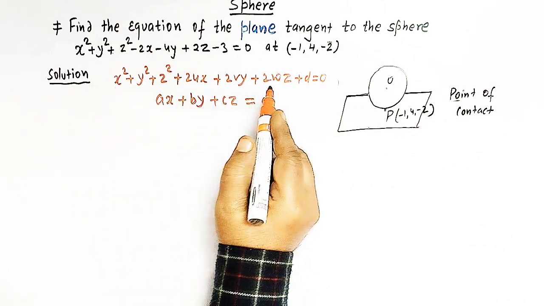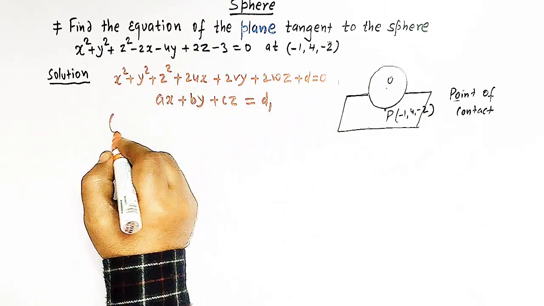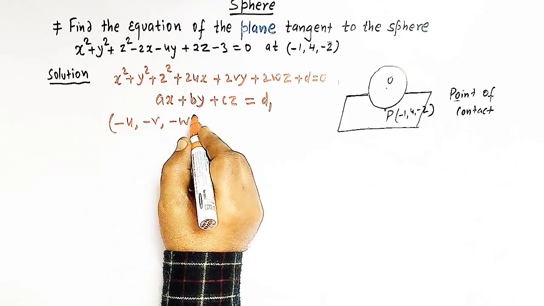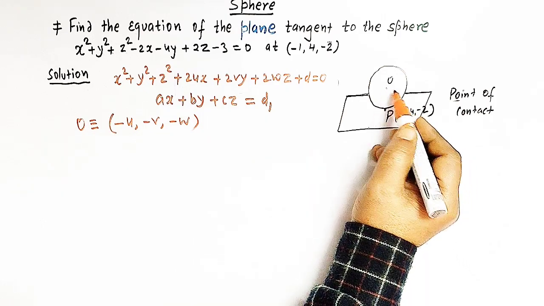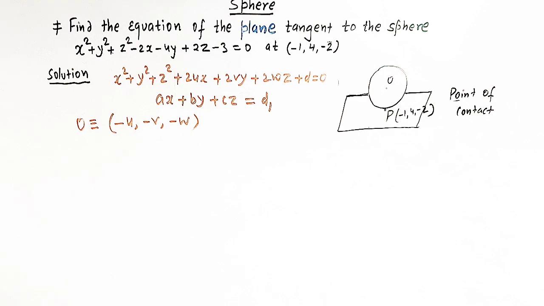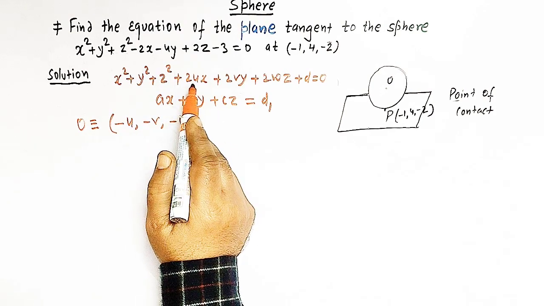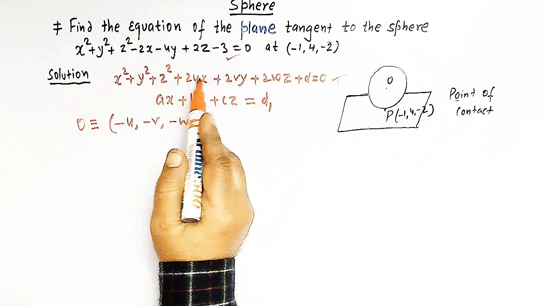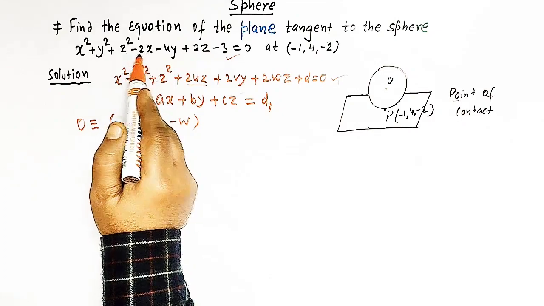And the center of this sphere is given by the coordinates minus u, minus v and minus w. So the coordinates of the center of the sphere is given by minus u comma minus v comma minus w. So now let us compare this equation with this one. So here we have 2ux, and here we have a minus 2x.